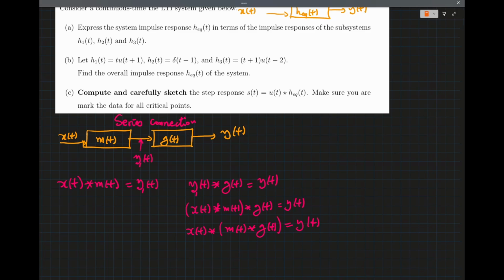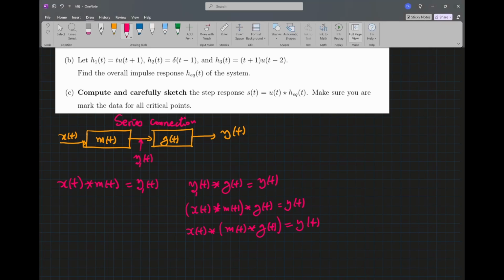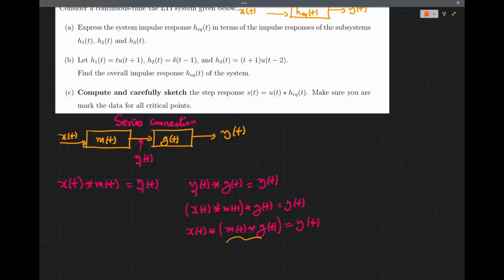So as you can see, this is the impulse response of the systems connected in series.